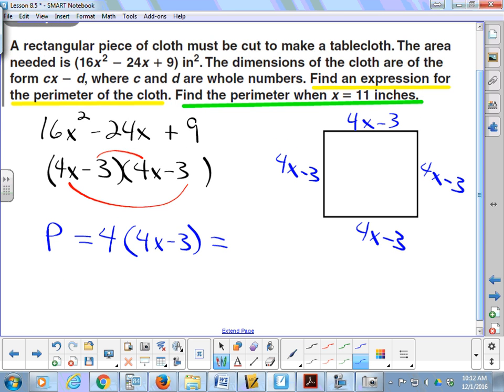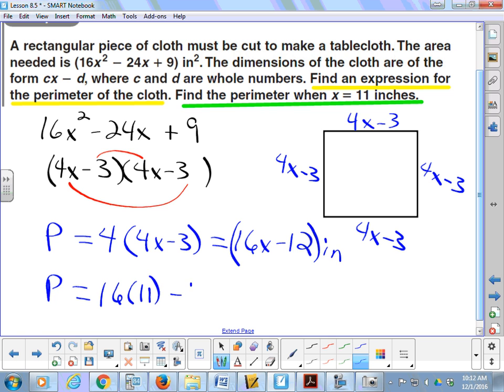So when I use the distributive property, we get 16x minus 12, and that is in inches. If they want us to find the perimeter when x equals 11, we just do 16 times 11 minus 12.